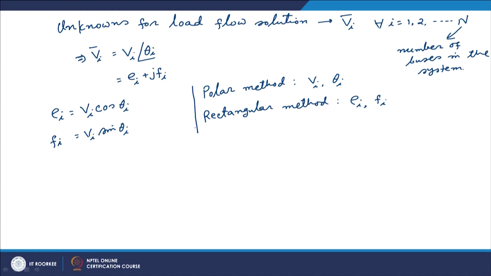Essentially in the polar method, we solve for the angles directly as well as the voltage magnitudes. On the other hand, in the rectangular method, we do not solve for the voltage magnitude and angle directly, we rather solve for the real and imaginary part of the voltages, and then afterwards from this real and imaginary part of the voltages, we calculate the voltage magnitude and angles.